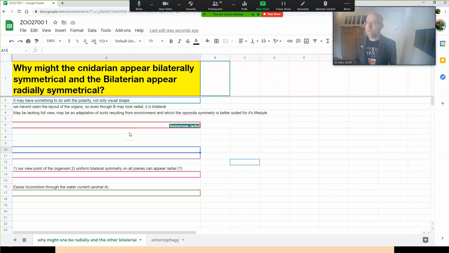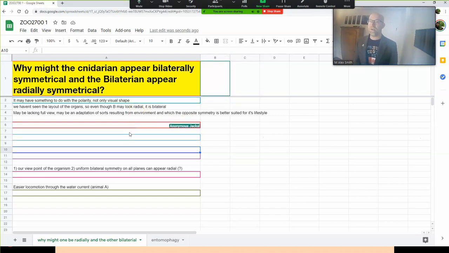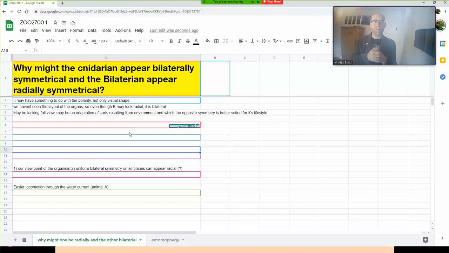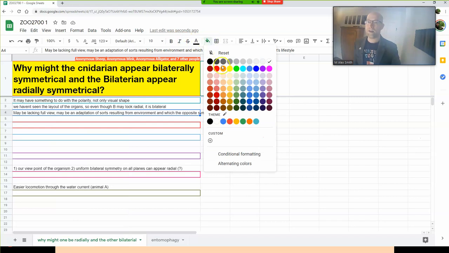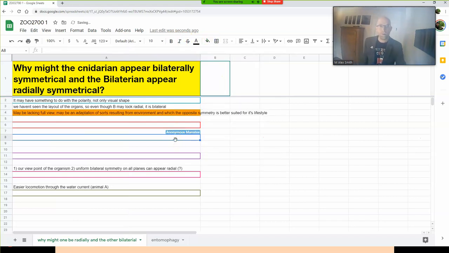We may be lacking full view, maybe an adaptation of sorts resulting from the environment, in which case the opposite symmetry is better suited towards its lifestyle. Now, number 4, right in here, give yourself a big pat on the back, because as you'll see in a second, that's some of where we're going. In our viewpoint of the organism, uniform bilateral symmetry on all planes can appear radial.